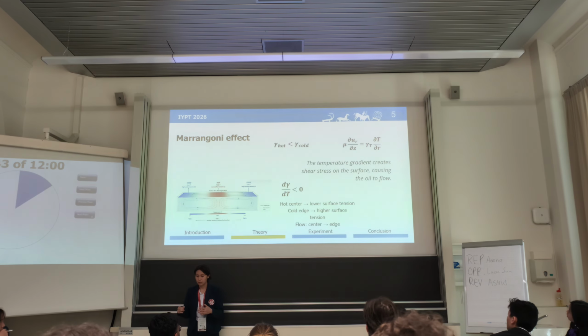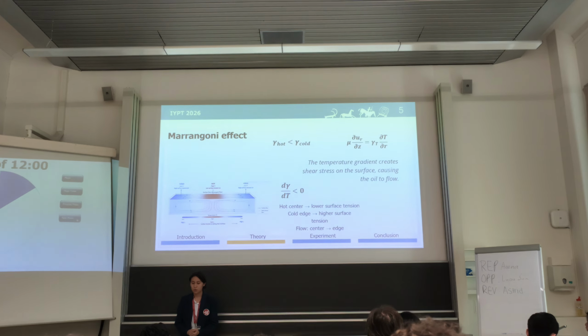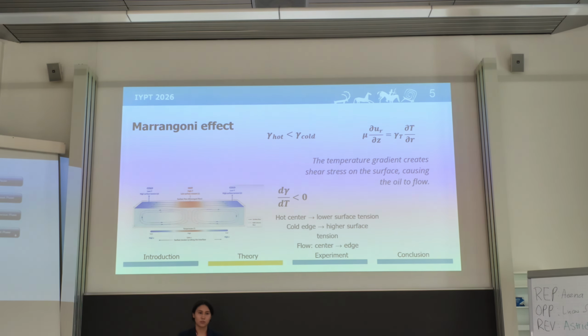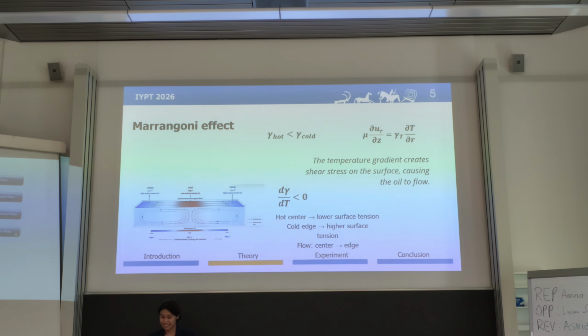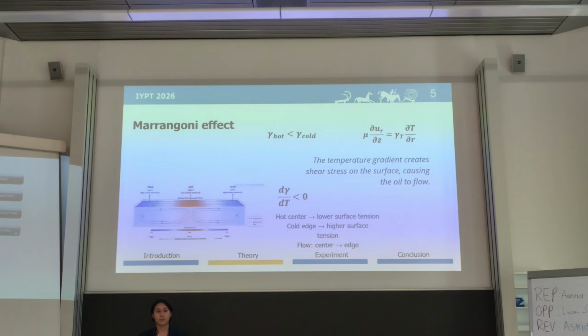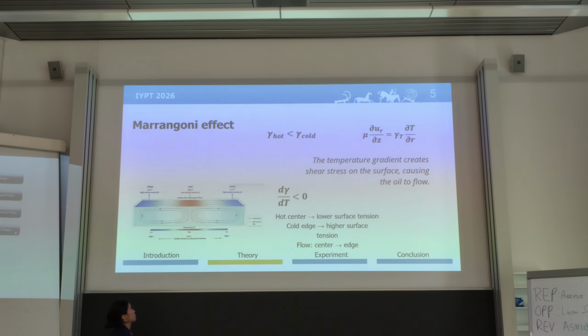So actually, the main parameter on the Marangoni effect is the change of the temperature gradient, and also the change of the viscosity based on the temperature. So as you can see, if we have the hot center, then we have the lowest surface tension, and with the cold edge, we have a high surface tension. So our flow is moving from the center to the edge.